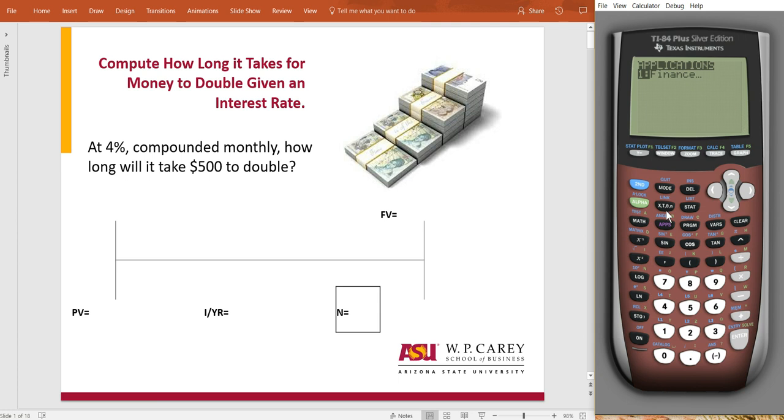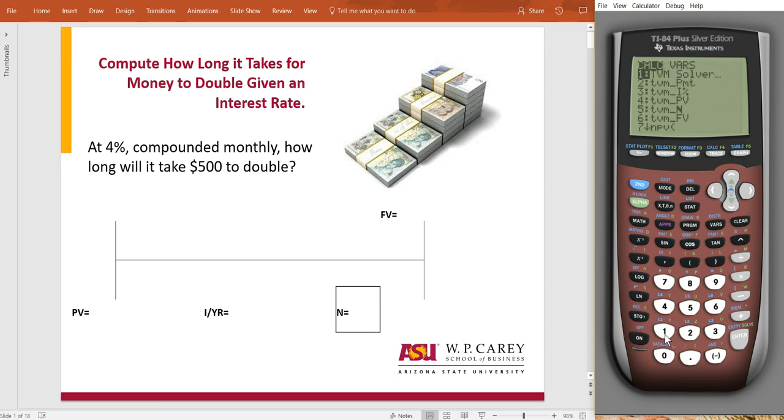Once that pops open, you're going to see finance as number 1 in the applications. Some of you might have a bunch of other applications. You don't need to worry about that. We're just going to focus and use number 1. So let's go ahead and click that. Go to number 1 and click that.